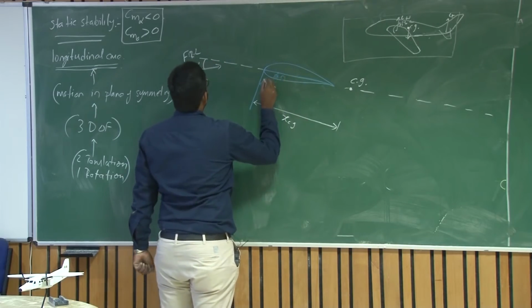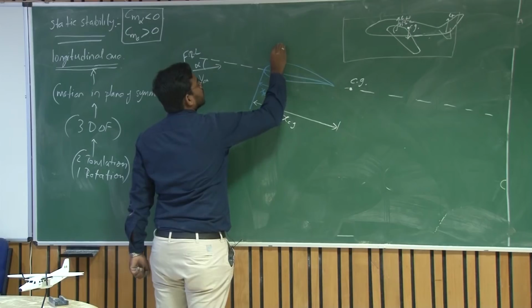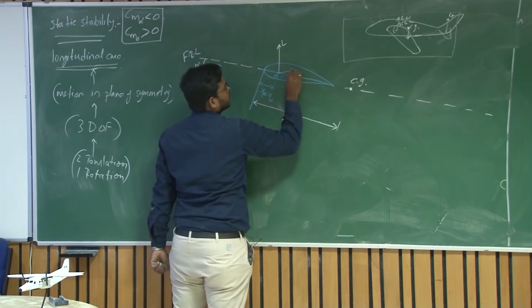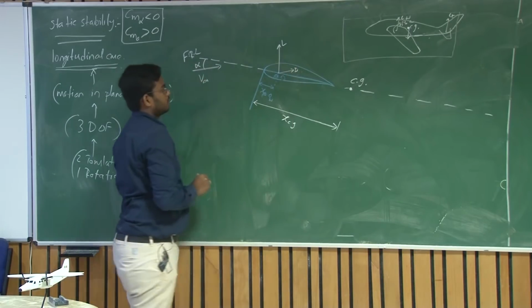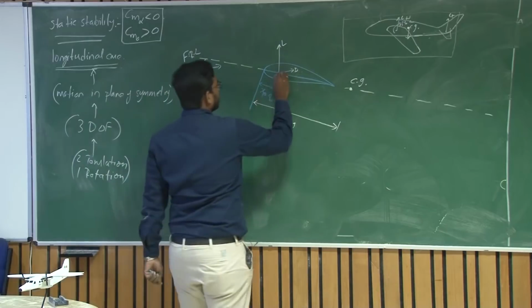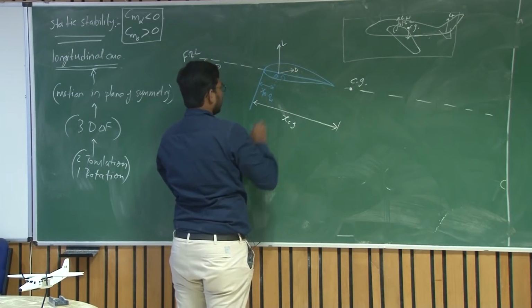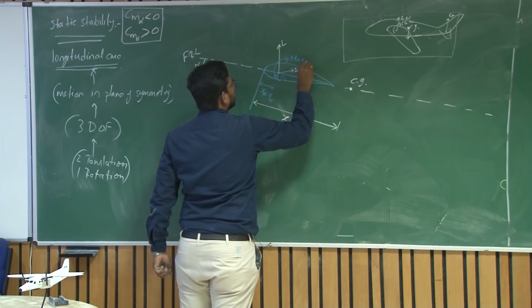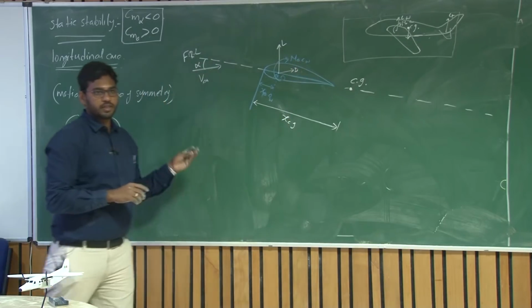When there is a flow, there is a lift acting perpendicular to V infinity, and there is a drag. And also about the aerodynamic center, we have the moment about the aerodynamic center of the wing. Do you accept this?